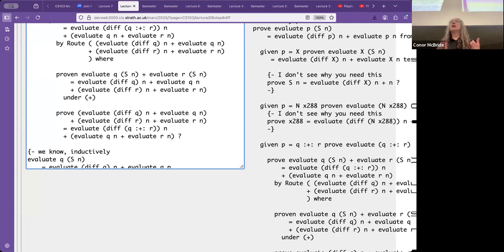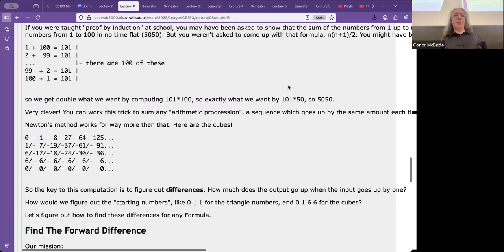So at this stage, we're going to make use of what we know algebraically about plus, right? We know that plus is associative and commutative. We can regroup the bracketing.